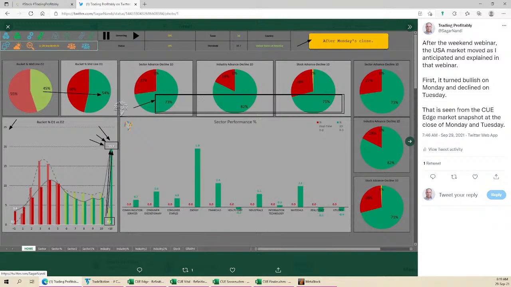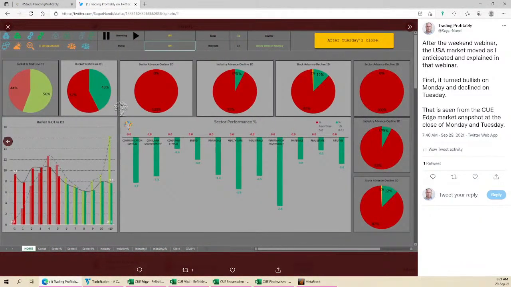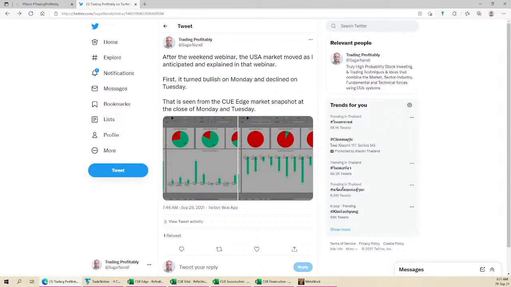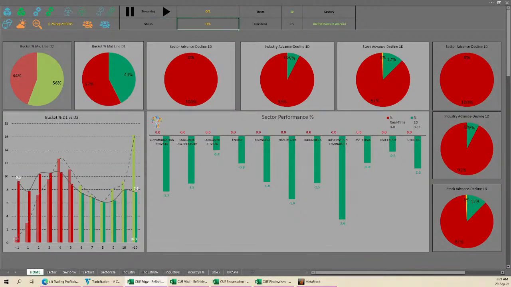When it went up, it flashed a warning signal, and the next day, yesterday, the market indeed came down. Sector, industry, and stocks were very bearish, and this is after Tuesday's close, yesterday's close. This is exactly what I anticipated, and it happened, from the Q Edge sector industry stock analysis.